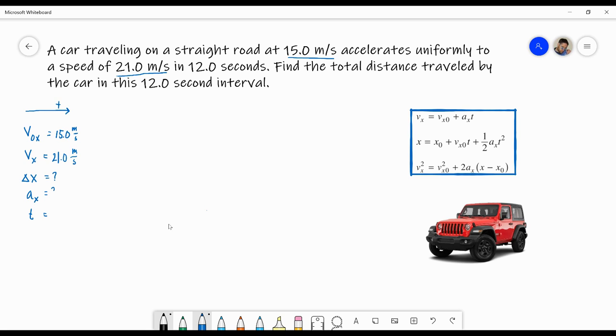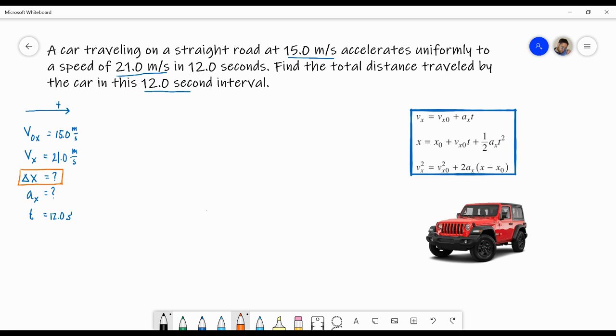My acceleration, I don't know what that is either, but my time here is 12 seconds. So I'm going to put in my 12 seconds. So what am I solving for in the end? What I'm solving for is the distance the car has actually traveled along its way.